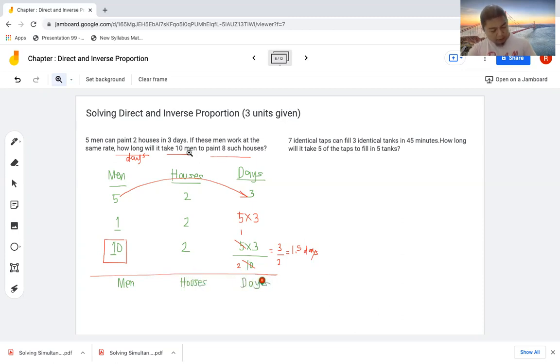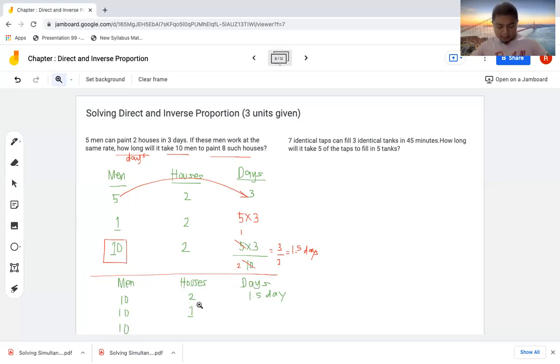So here, we're going to make the number of men fixed. And if the number of men is fixed, then our focus to change the number of houses is the one that is important. So if 10 men can finish the 2 houses in 1.5 days, we are going to change it into a unit of 1. So what if 10 men work for a house? How many days will it take?